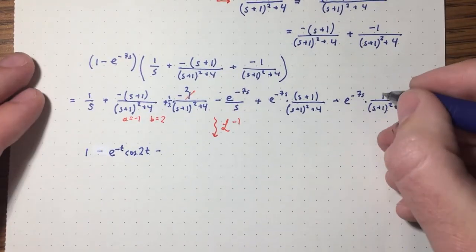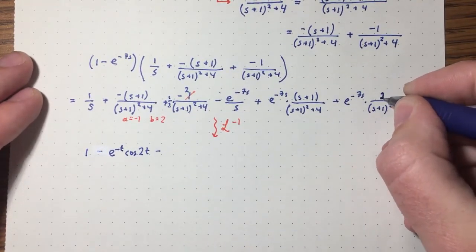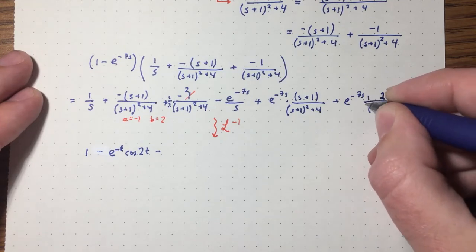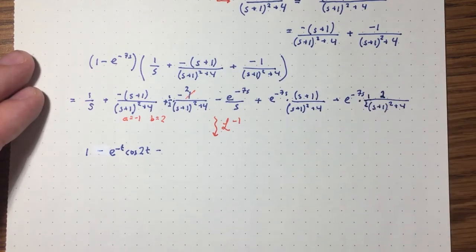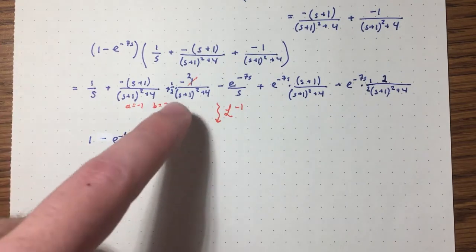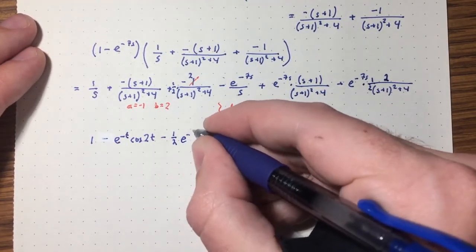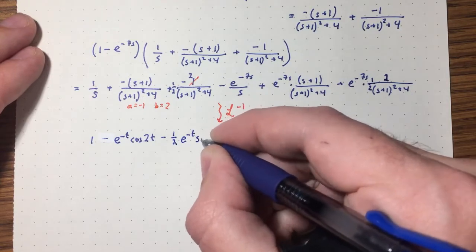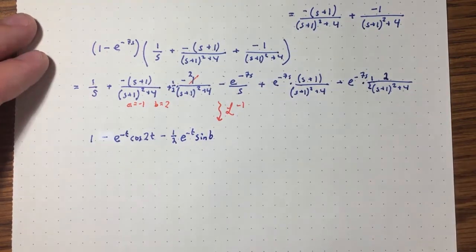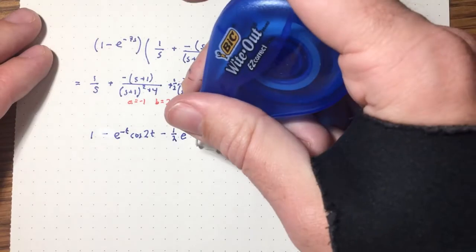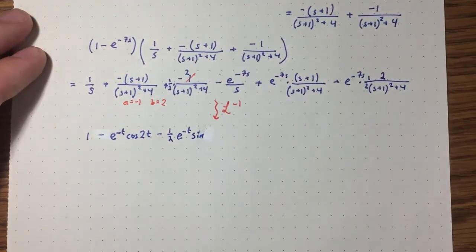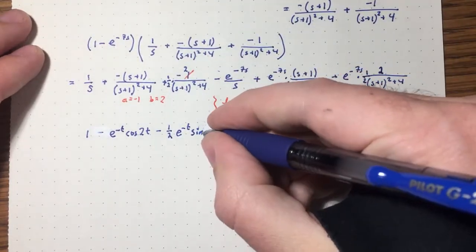I'm going to preemptively do that here actually. So I'm going to replace that 1 with a 2 and put a 1/2 out here. Okay, and now it's minus 1/2 times e to the minus at times sine bt. b is 2 in our example. Sine 2t.